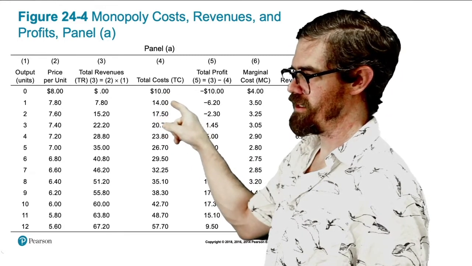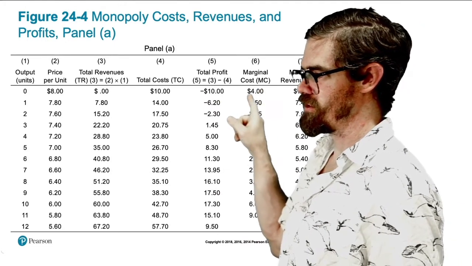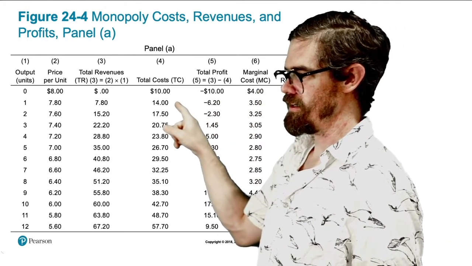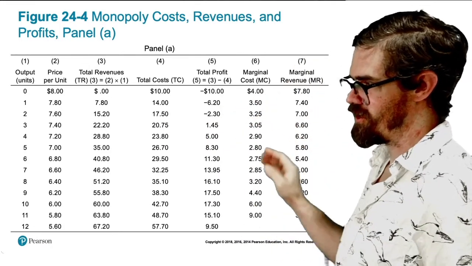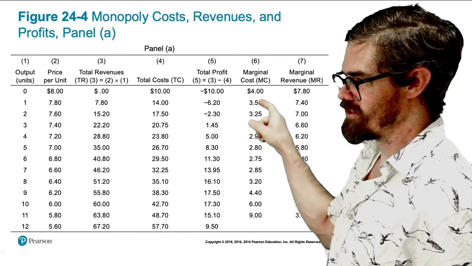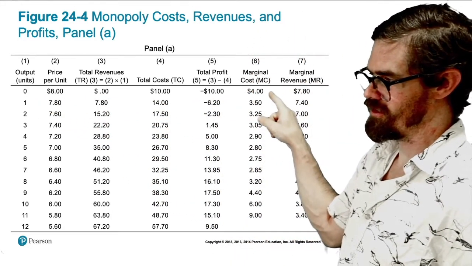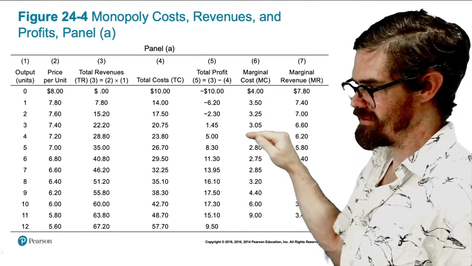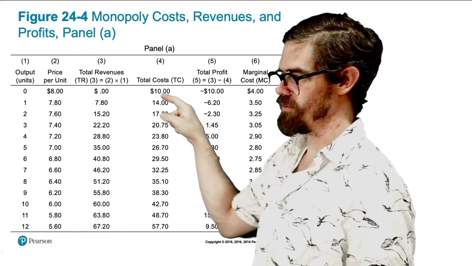So going from 10 to 14, the marginal cost is 4. So producing one more unit costs $4. I'd actually prefer if they shifted this down one row, but so the marginal cost of the first unit is $4. Okay, so I should edit these and push these down one row, but basically it's just marginal cost, right?